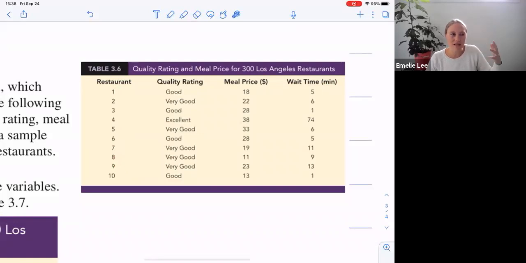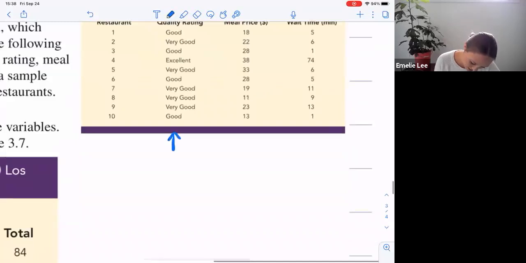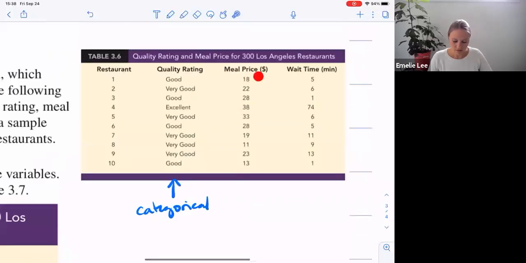So let's flex our variable classification skills here. The quality rating would be a categorical variable. The meal price is actually kind of flexible, and it depends how we might want to report it.